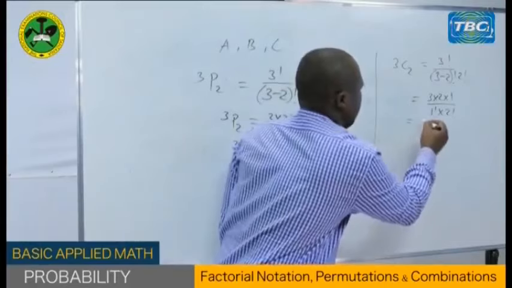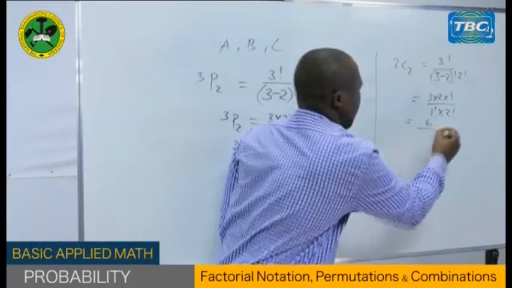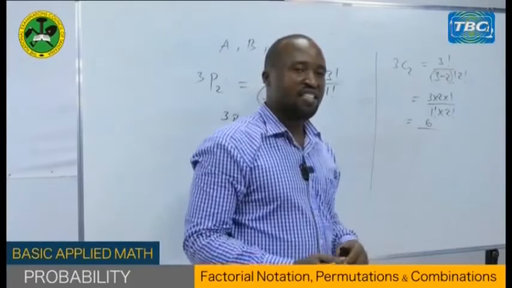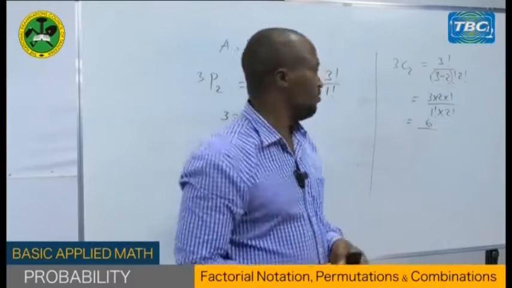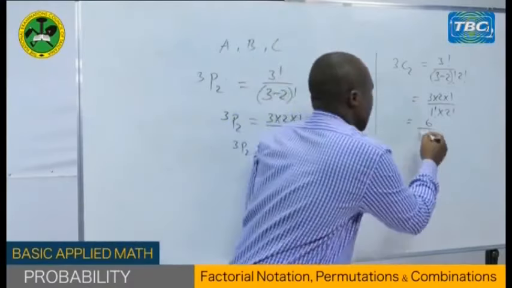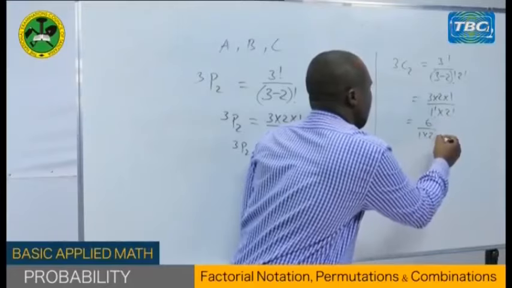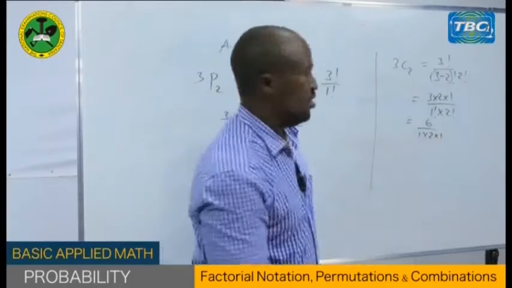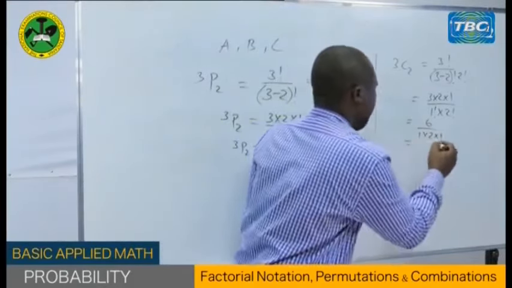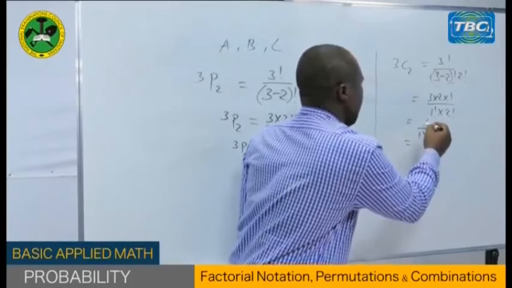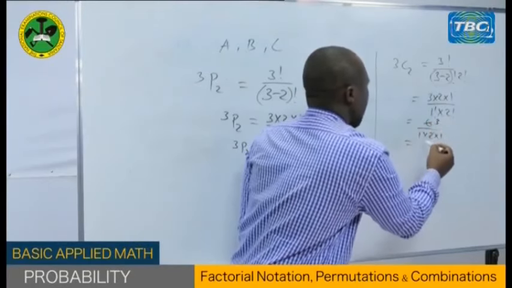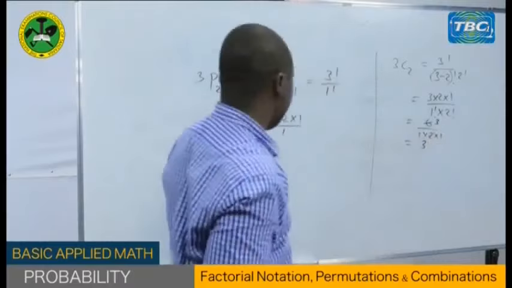Now, that is 6 over, remember I said 1 factorial is equal to 1, and 2 factorial is the same as 2 times 1. So the last answer you can simplify by saying 2 into 2 is 1, 2 into 6 is 3. We are going to end up with 3.